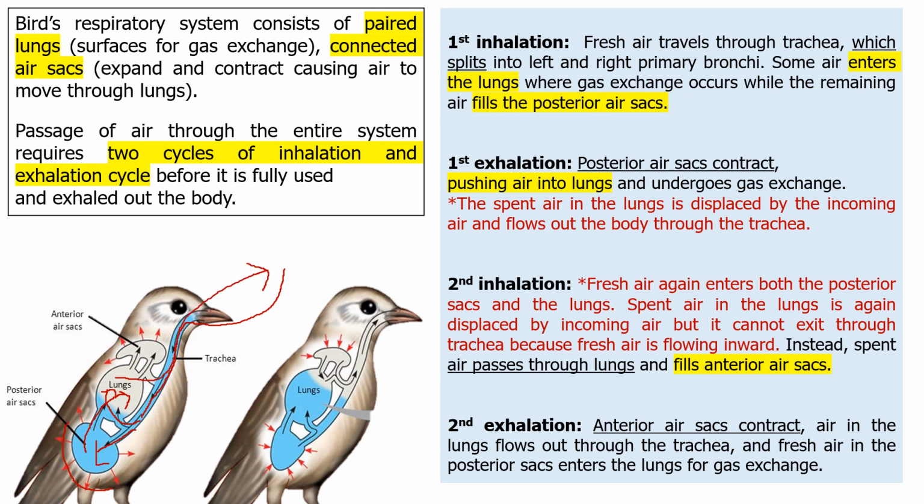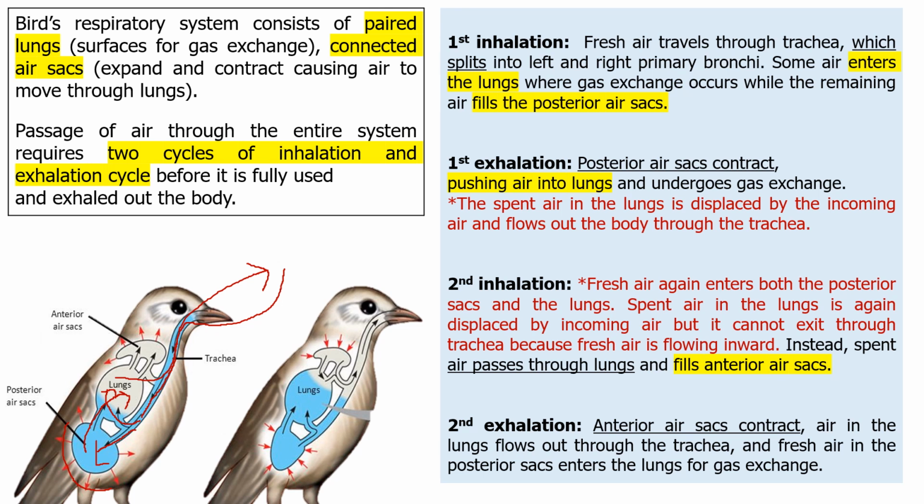Okay. Bear in mind that this process occurs simultaneously, meaning that fresh air keeps on entering the trachea. So again, fresh air enters both the posterior sac and the lung, and then the spent air in the lungs. But for this second inhalation, the spent air in the lungs is again displaced by incoming air, but it cannot exit through the trachea because fresh air is flowing inward instead.